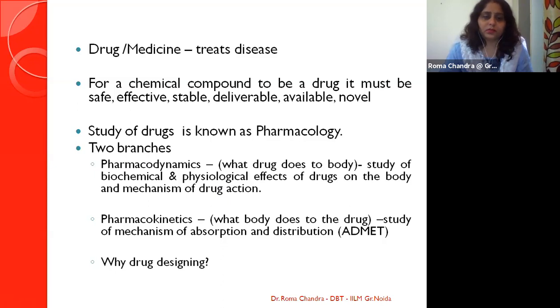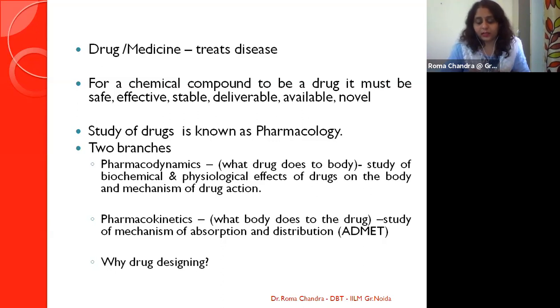All this is studied when we talk about how the drug is acting inside the body, how it is participating in the metabolism of the cell. So what is the action of the drug, what is the mechanism of its action inside the cell, inside the body. All these properties are included in this whole process.